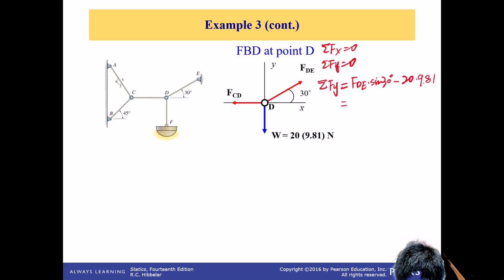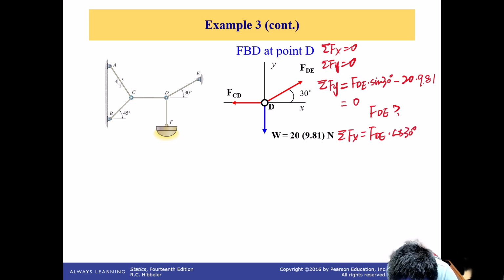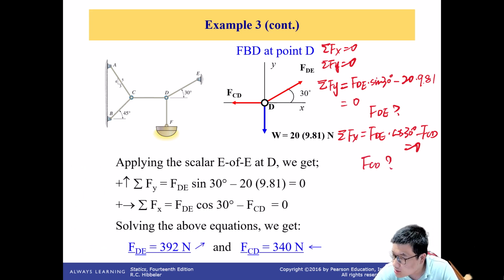This equals 0, and we can solve the FDE based on this equation. And for Fx, it will be FDE times cosine 30 minus FCD equals 0. We already solved the FDE, so we can solve the FCD in this equation. Okay, here is the equation, and here is the answer.